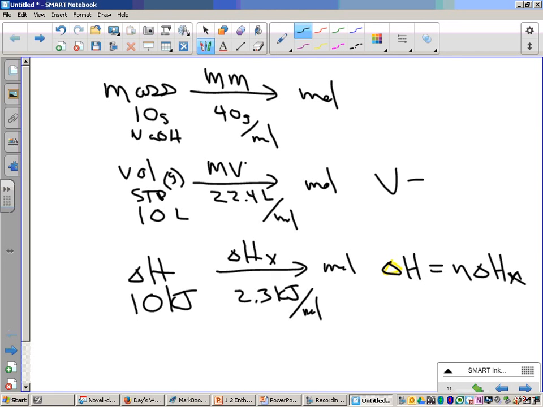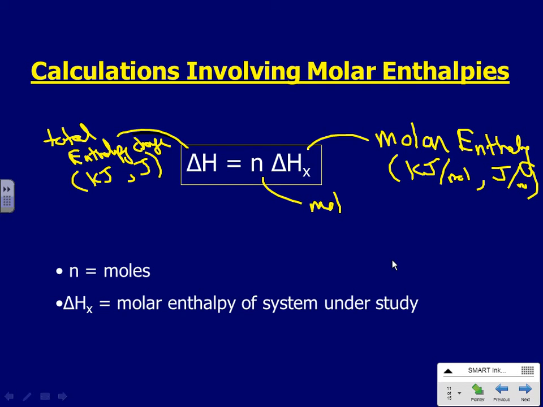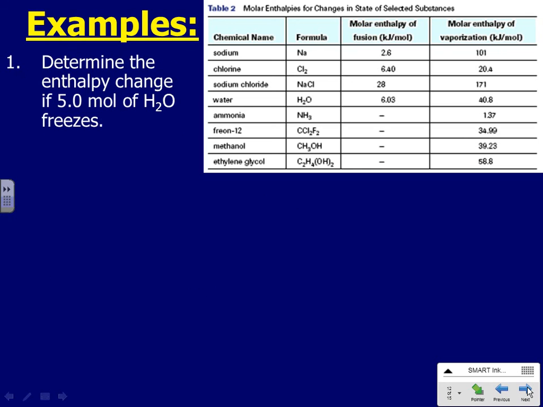The volume would be equal to the molar volume times the moles, and the mass would be equal to the molar mass times the moles. Everyone has its own equation, but we just use them as conversion factors. But you could do everything with equations as well. We're going to do an equation first, and then we'll use it as a conversion factor. I'll show you how to do both.